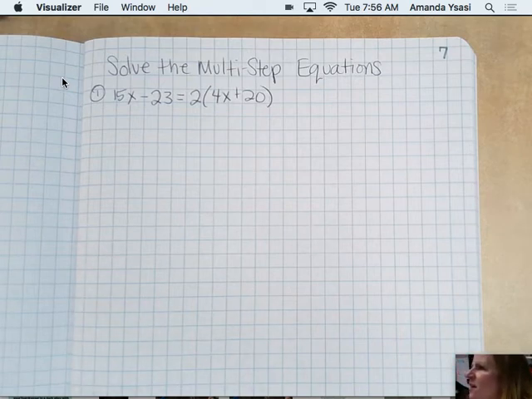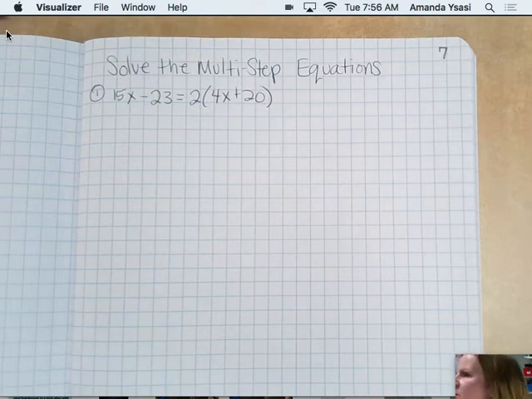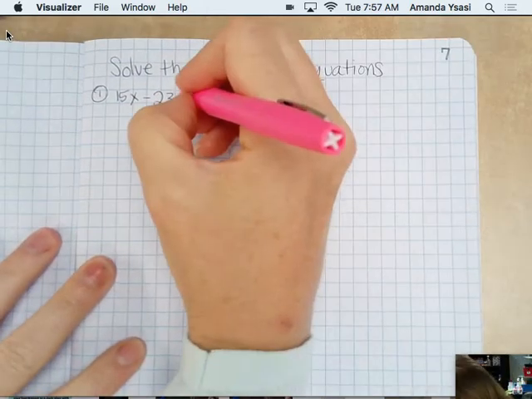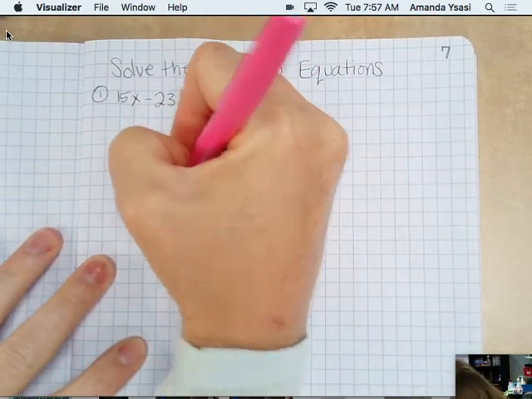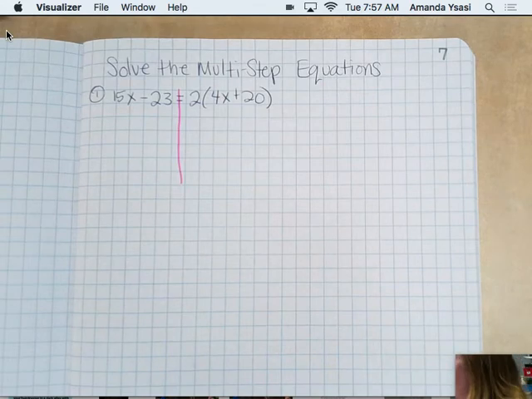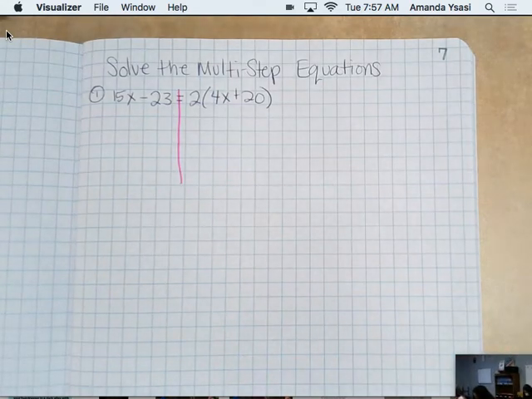Okay, so our steps were that we are supposed to simplify both sides of the equal sign by distributing and combining like terms, and then we can start moving things around. Y'all know how I always do. Draw a line down your equal sign so we can separate them, so we simplify them separately.